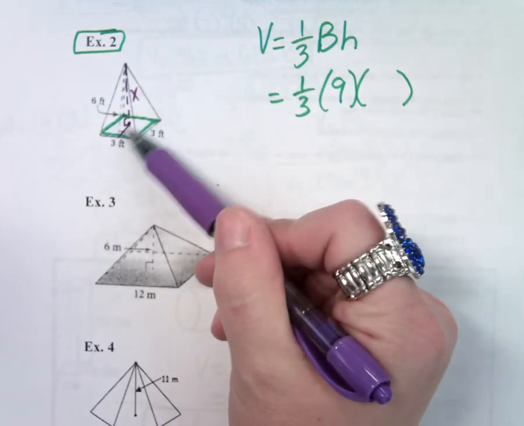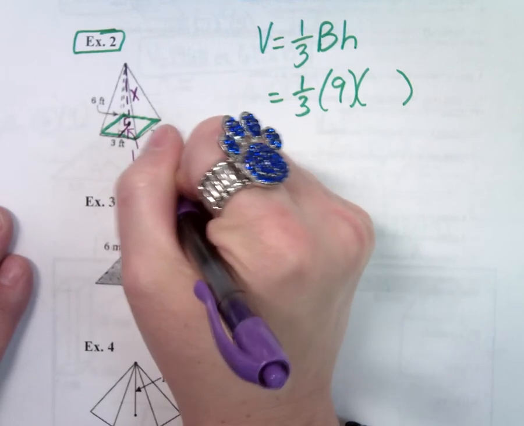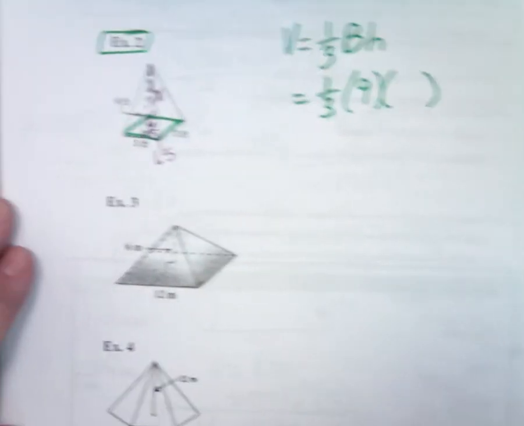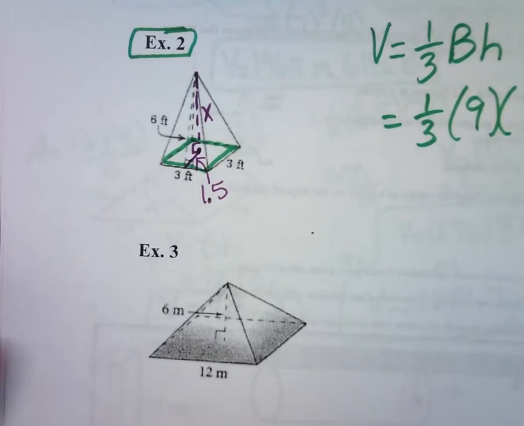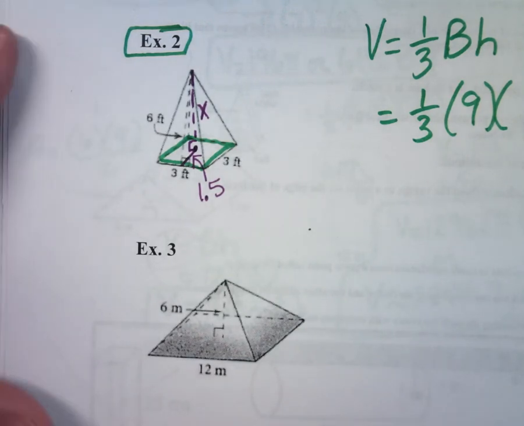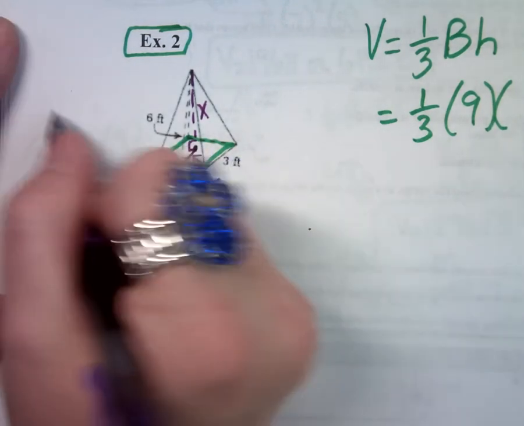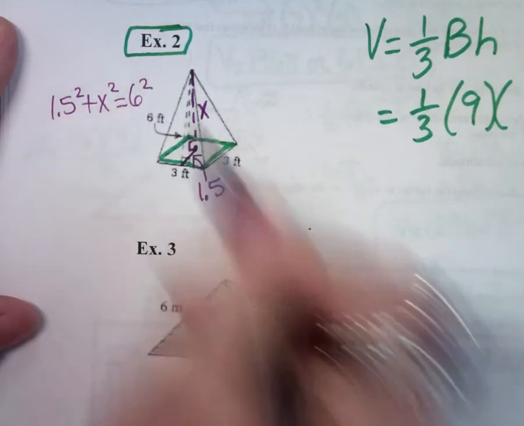Do you know what this little piece is? 1.5. So that little piece right there is 1.5. Which of those numbers is the C for Pythagorean theorem? The 6. The 6 is the C. So it would go what squared plus what squared is what squared? 1.5 squared plus x squared equals 6 squared. Good. 6 squared minus.